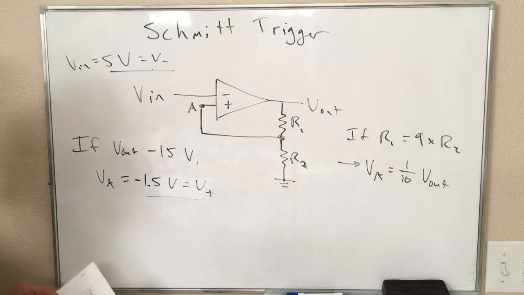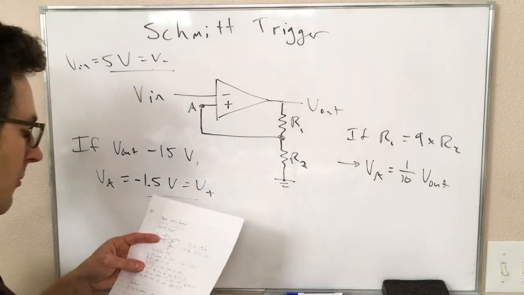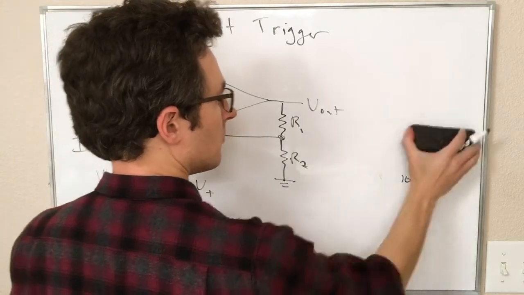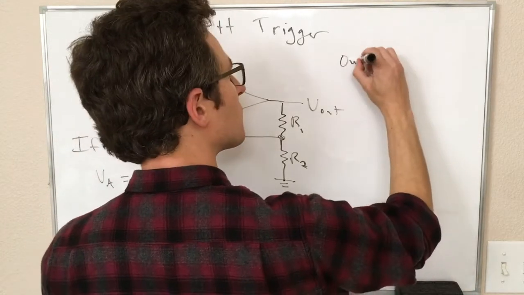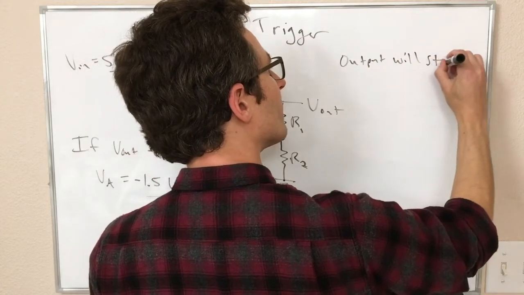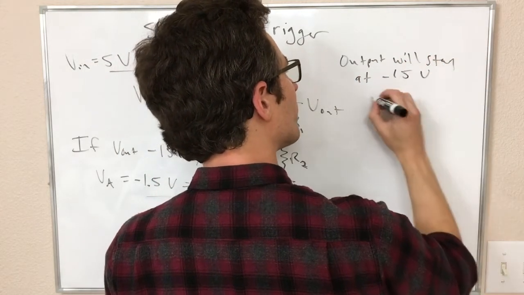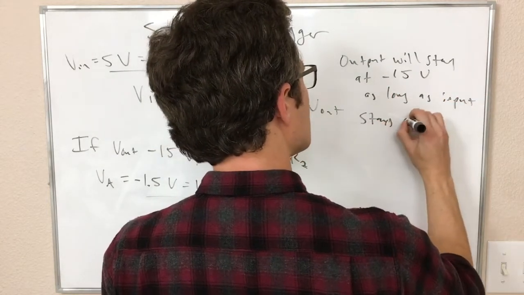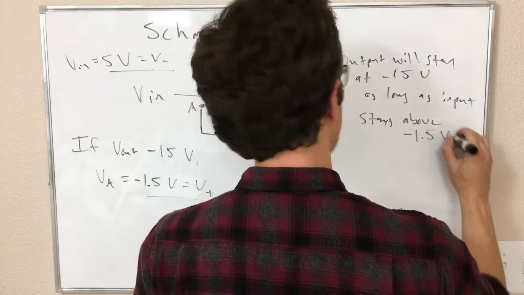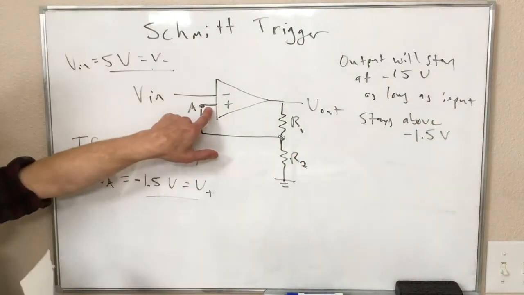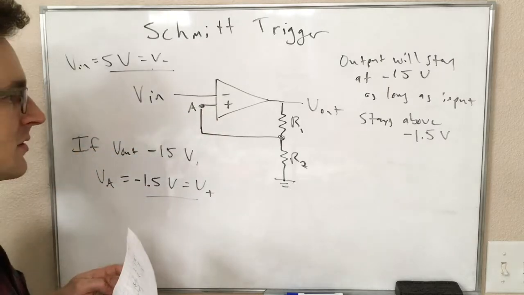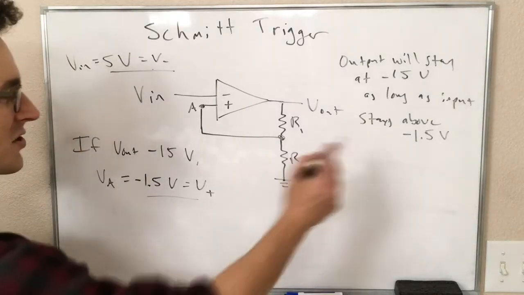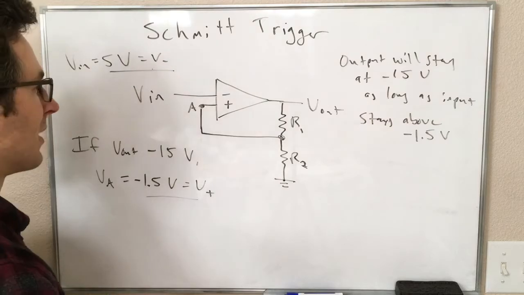In fact, that will be true for any value, as long as the input stays above minus 1.5 volts, since that is where V plus is. Of course, maybe it's not exactly 1.5, maybe it's 1.50005 or something like that, but it stays above almost exactly minus 1.5 volts.